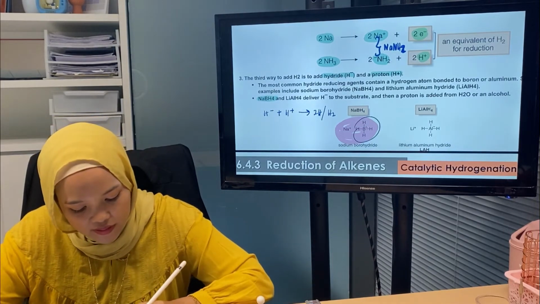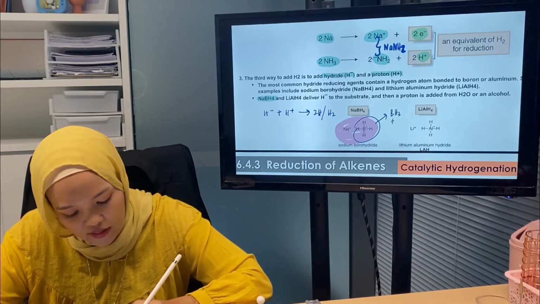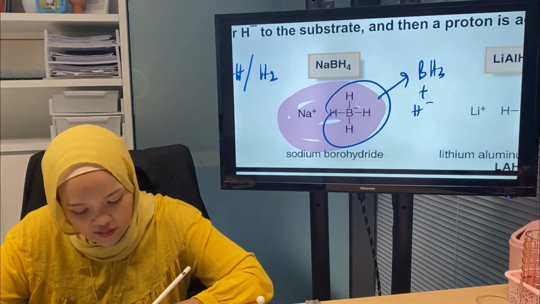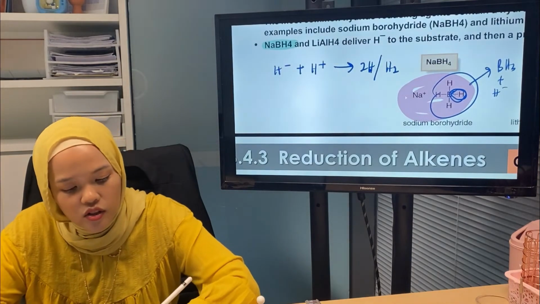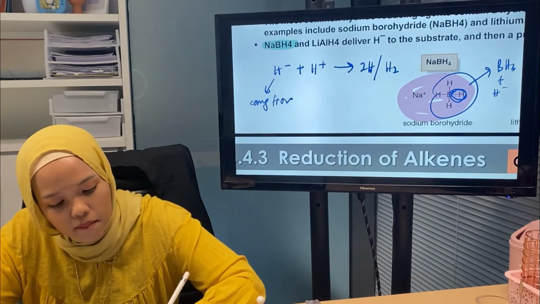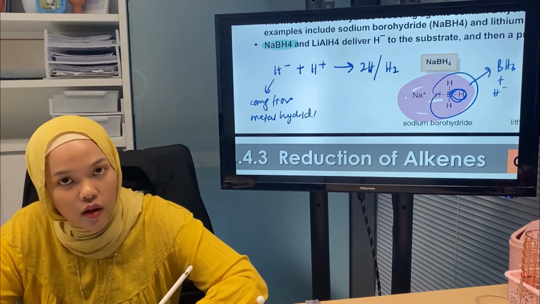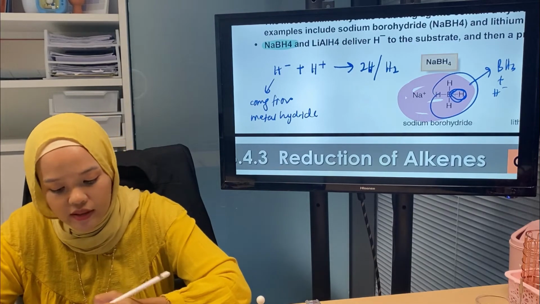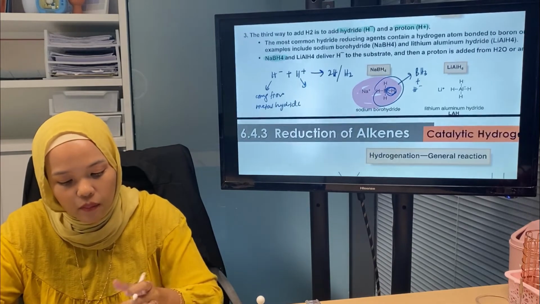It will tend to give out BH3 plus H minus. So this electron will be taken together with the H minus. This one comes from a metal hydride, because your sodium is a metal, right? So where does the H plus come from? The proton.